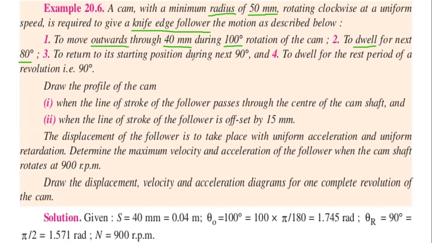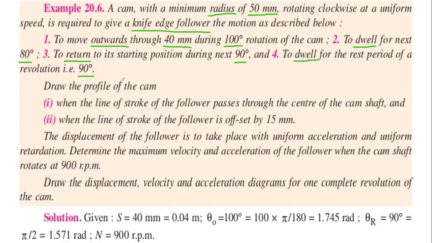To return to its starting position during the next 90 degrees. So return stroke is 90 degrees, and last one, to dwell for the rest of the revolution, that is 90 degrees. So the remaining 90 degrees will be the dwell period.